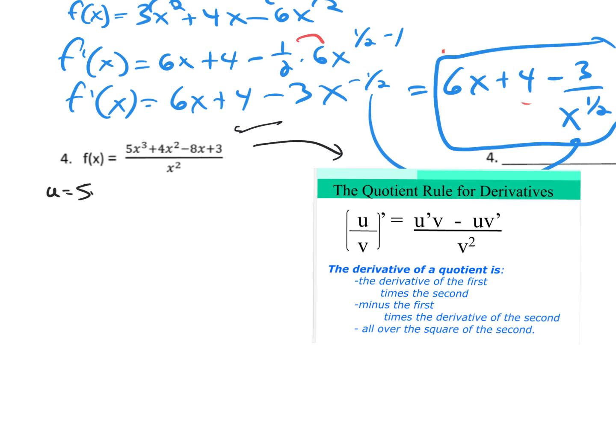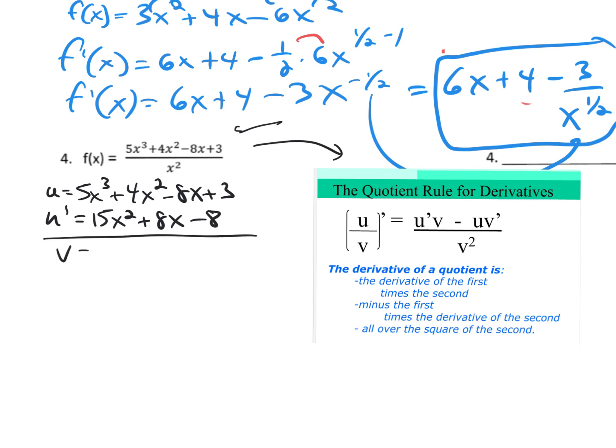U is going to be the numerator, so 5x cubed plus 4x squared minus 8x plus 3. So that makes u prime, the derivative, 15x squared plus 8x minus 8. Here our denominator, v, is going to be x squared, so then v prime is going to be 2x.